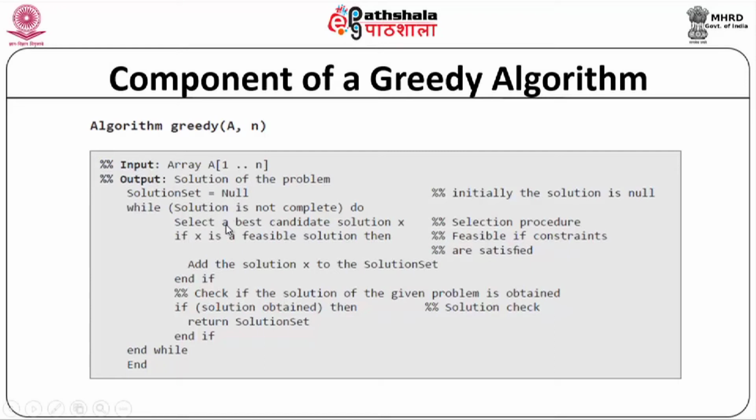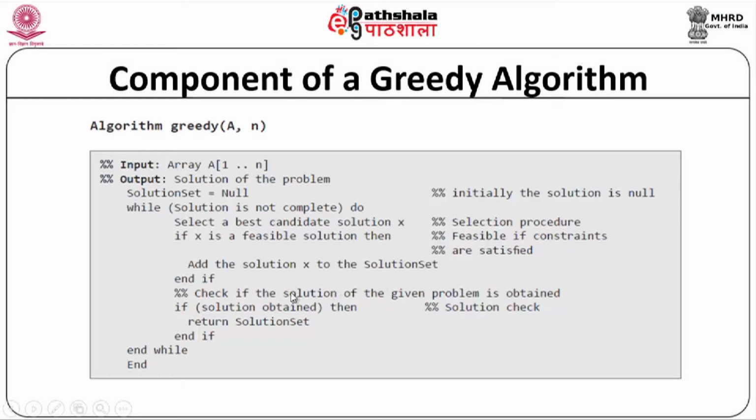So, we are starting a loop while the solution is not complete, then we are selecting the best candidate solution x, and I have to check whether it is feasible. If x is a feasible solution, then I am adding that x to the solution set.